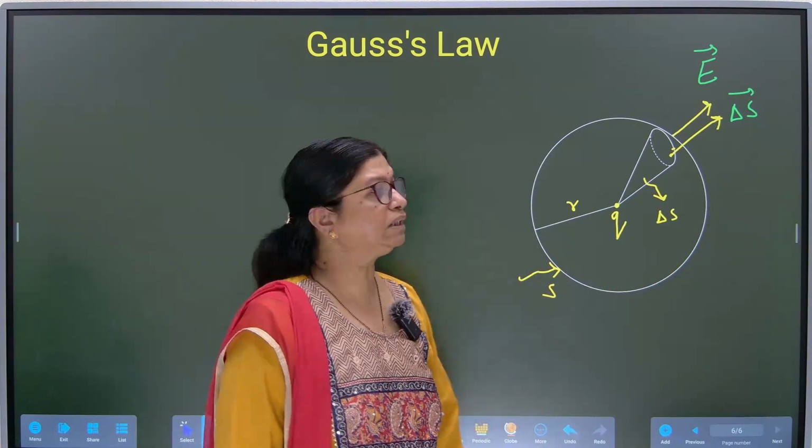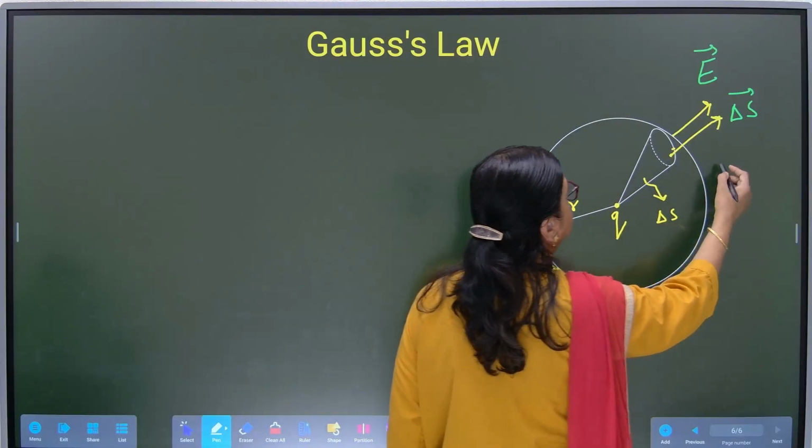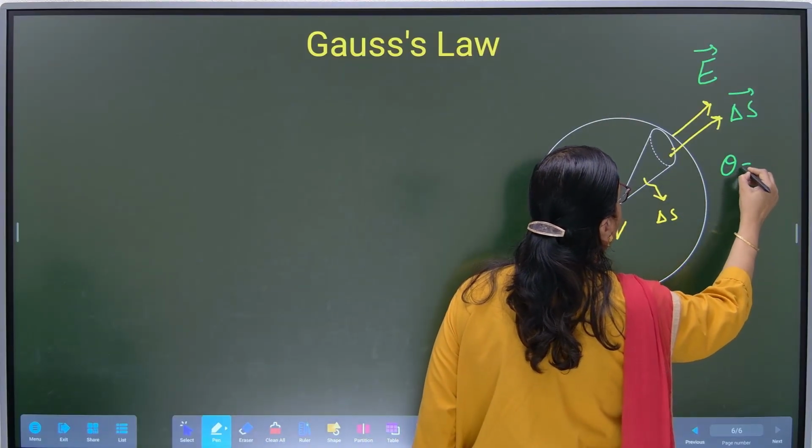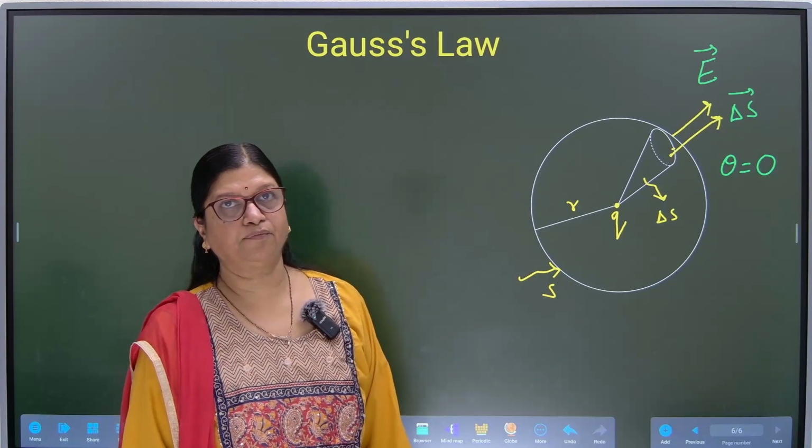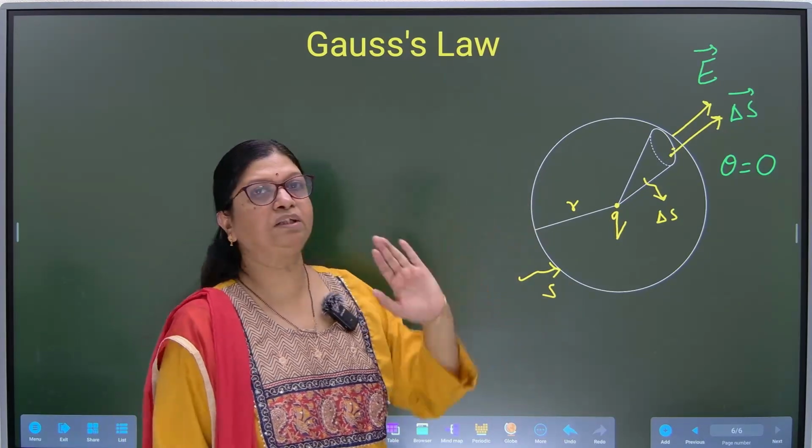So what is the angle between E and delta S? If the directions are the same, then theta is equal to 0. Fine. So I am ready with the diagram.